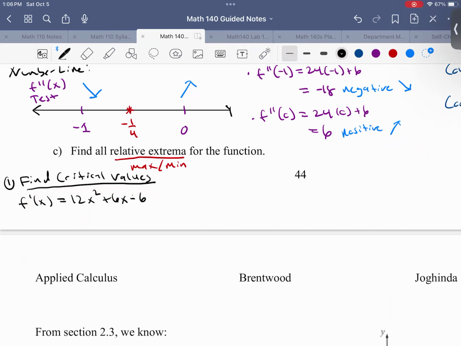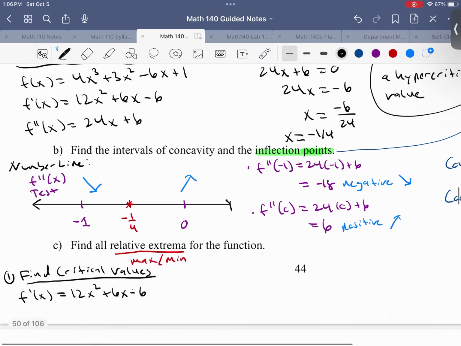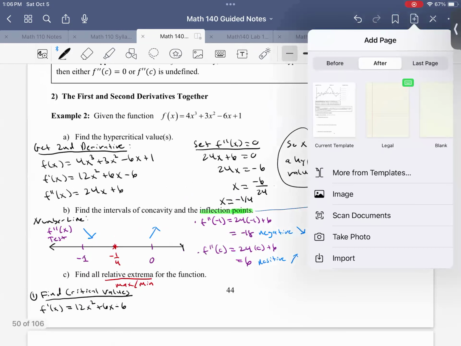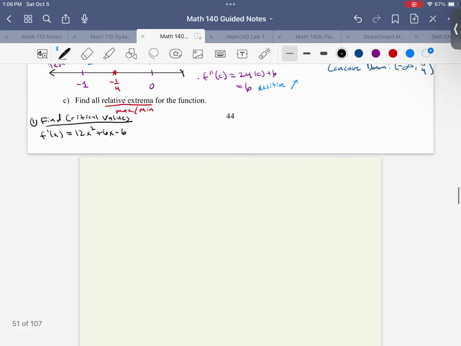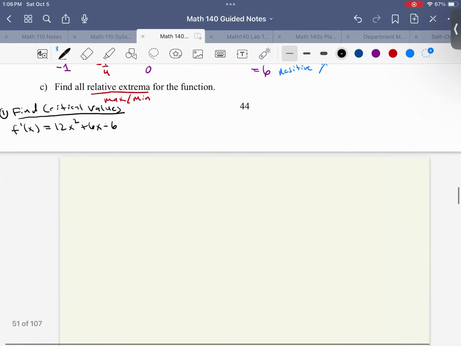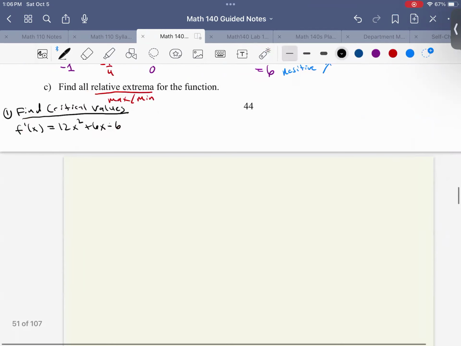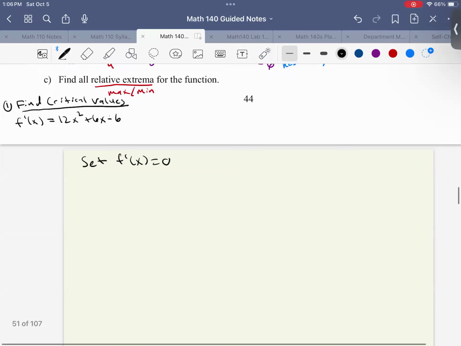So what I'm going to do is create a second page. Okay, so find critical values, and I'm going to set this equal to 0, from 3.1. So 12x squared plus 6x minus 6 equals 0.